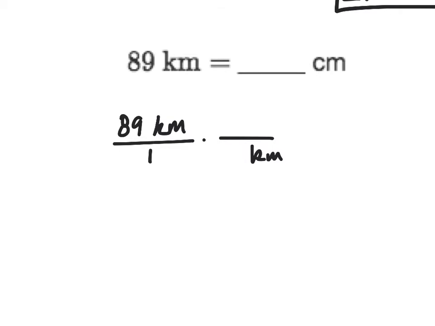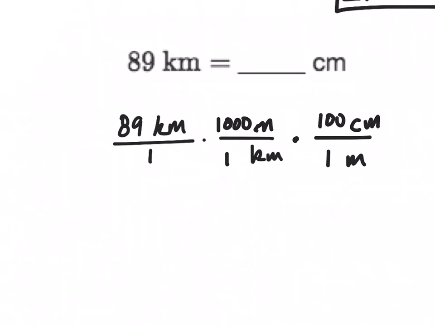So I'm going to do meters here. In 1 kilometer, I have 1,000 meters. And then in 1 meter, I have 100 centimeters, so meters need to go down below. Let's divide out our kilometers, and divide out our meters. Now we're just left with centimeters.